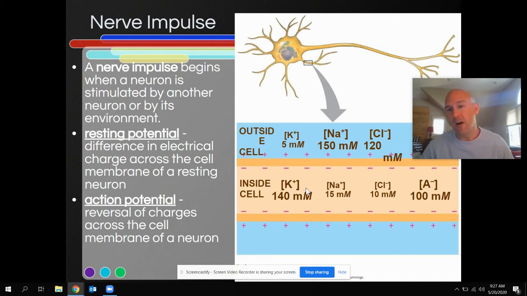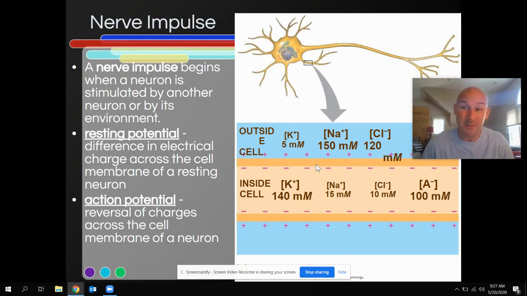Now, nature doesn't like to be out of equilibrium. So when you create this concentration gradient, this electrochemical gradient, there's energy stored there, right? There's energy of all those ions wanting to get back to equilibrium. It's a little bit like the concept of shuffling your feet on the carpet on a dry day in the winter. When you're shuffling your feet, you're picking up extra electrons, right?